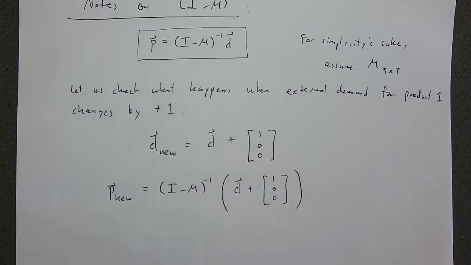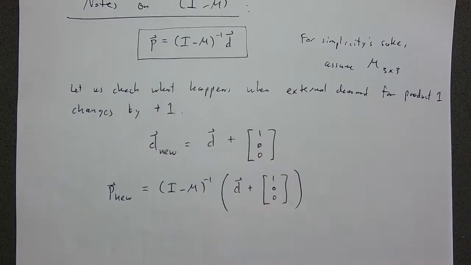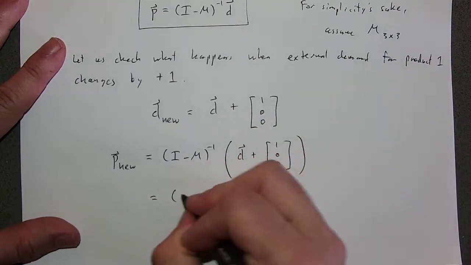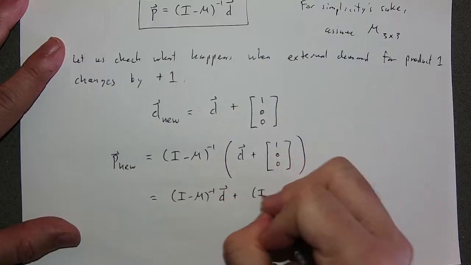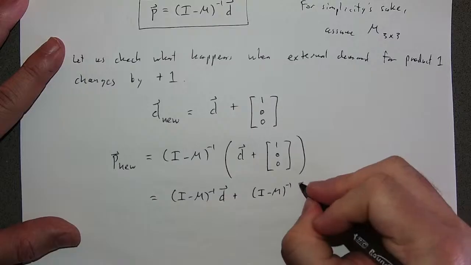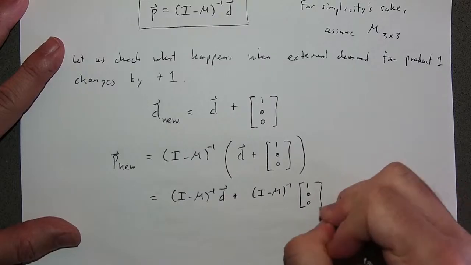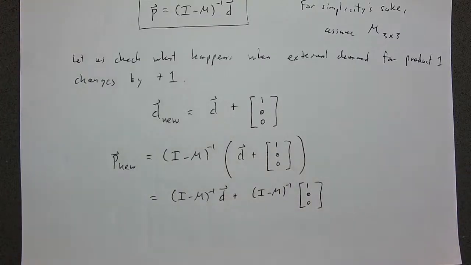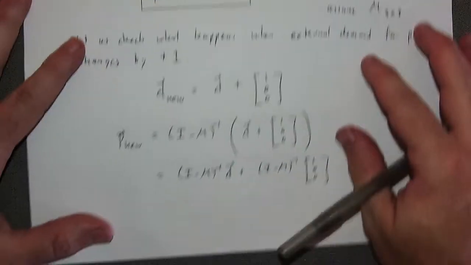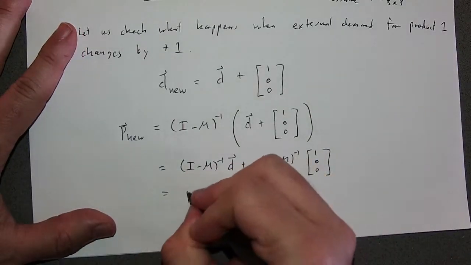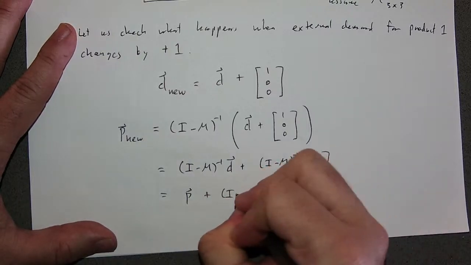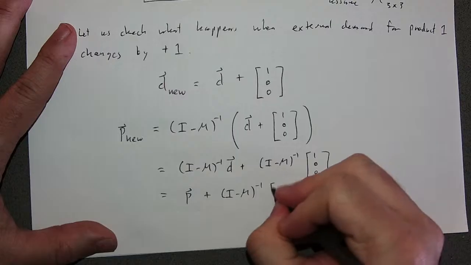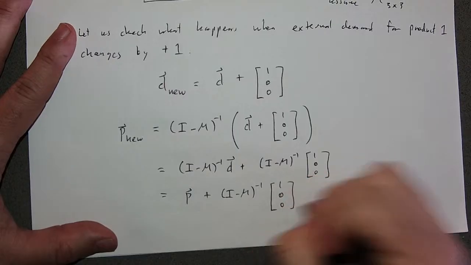Now, matrix multiplication distributes across this parentheses so that I get (I minus M) inverse times D plus (I minus M) inverse times 1, 0, 0. But of course, (I minus M) inverse times D is just P. That's my previous production vector, plus (I minus M) inverse times this vector 1, 0, 0.